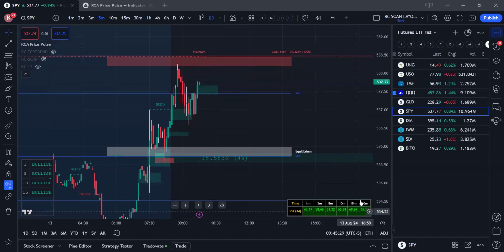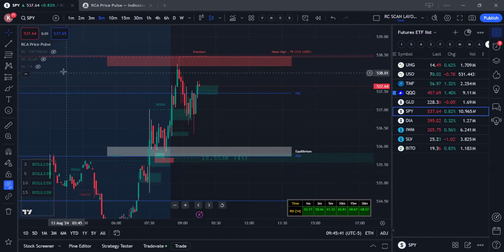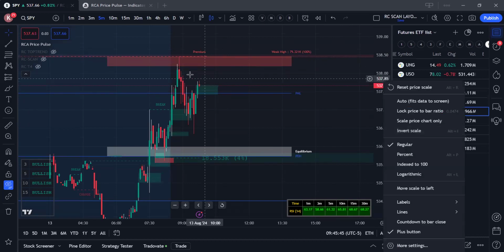Right, our entire trend is bullish. RSI is bullish momentum. All the 1, 3, 5, 10, 15, 30, everything is completely bullish. So there is a possibility for it to do a double top.